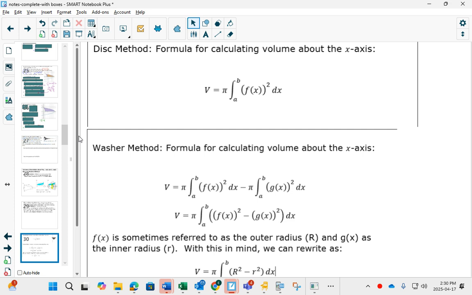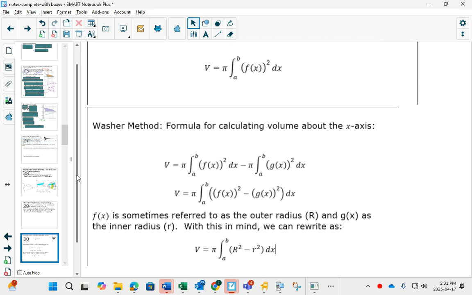The same thing with the washer method, but now you just have one disk minus the other disk. So you could do them separately, but what's really nice is using your integration rules and properties, you could combine those together, and then you just have the one squared minus the other one squared, and factor out the pi in front.